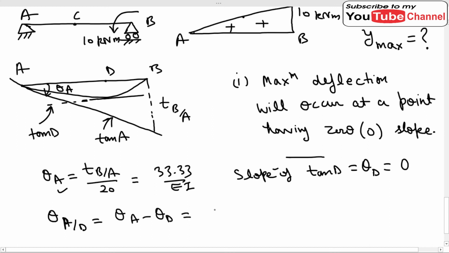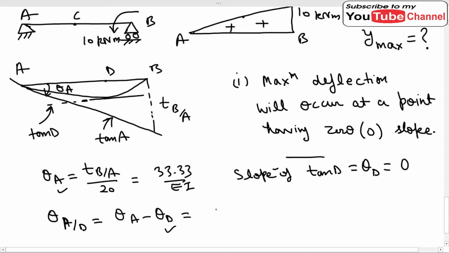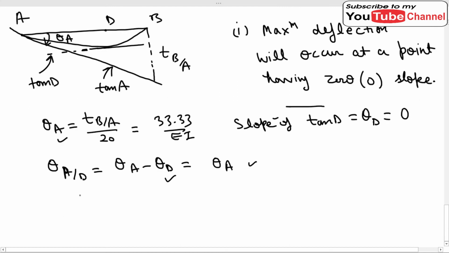Okay, and as I have said, the point where the deflection will be maximum will have a horizontal tangent. It means the slope of the tangent will be 0. Okay, so the value of theta D is equal to 0, so it will be equal to theta A. Okay, so from here we can also find the value of theta A. But for finding this theta A over D, what is the formula for theta A over D?